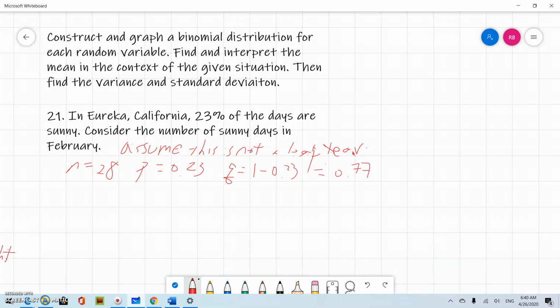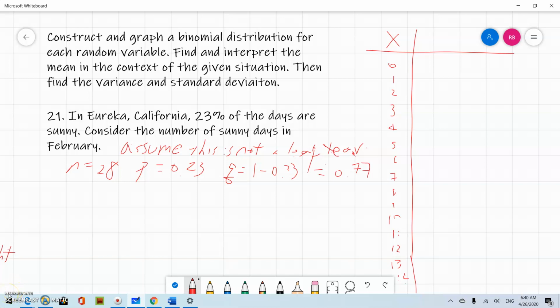Okay. So this one, let's create the table because that's the easiest. So x goes 0, 1, 2, 3, 4, 5, 6, 7, 8, 9, 10, 11, 12, 13, 14, and all the way to 28. Do you see why I said this is a long problem?